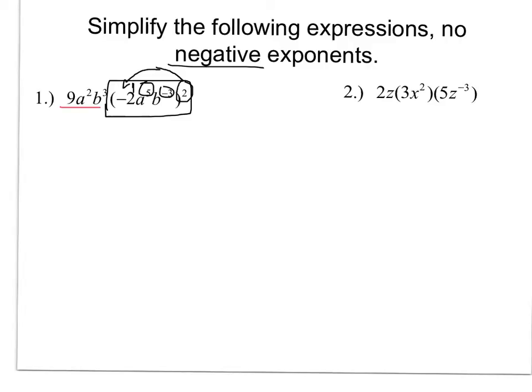The other thing that I want you to notice here is that this 2 is negative, and it's inside the parentheses. So we have to be careful with that. If the negative was on the outside, the square goes to what's inside the parentheses, so it would stay negative.